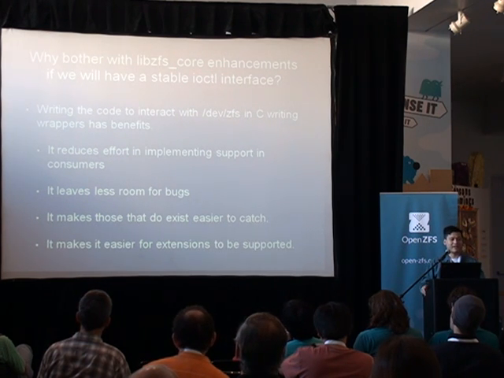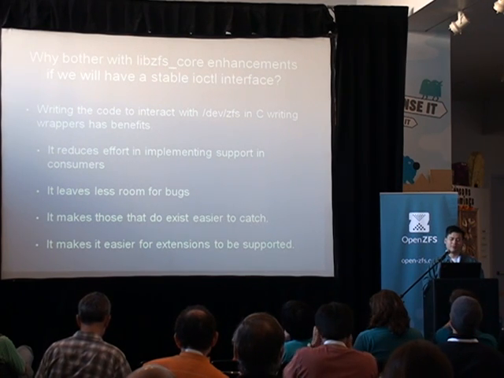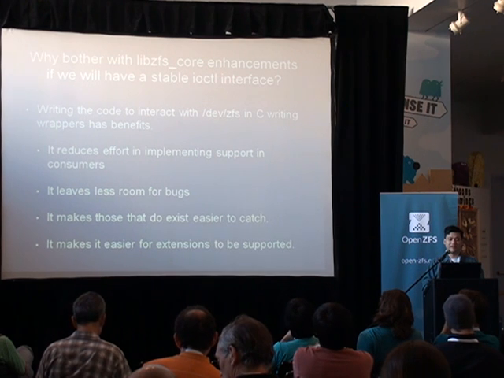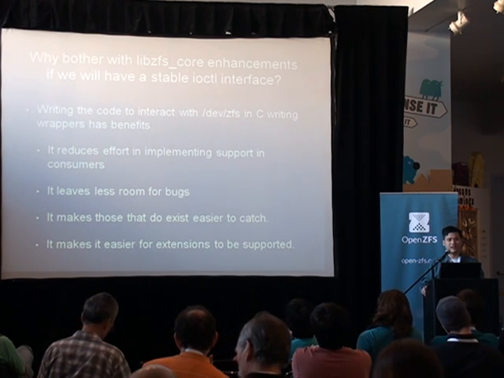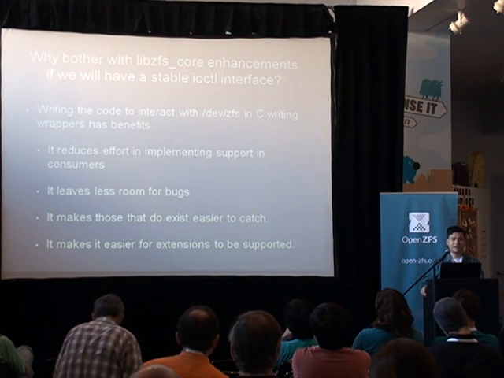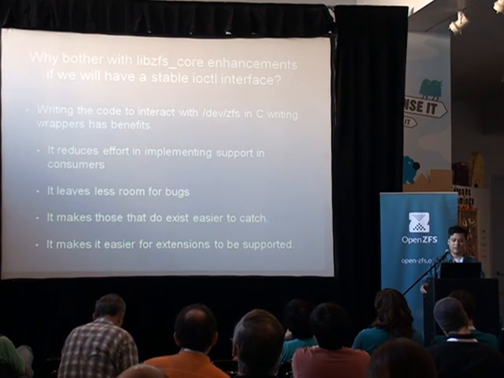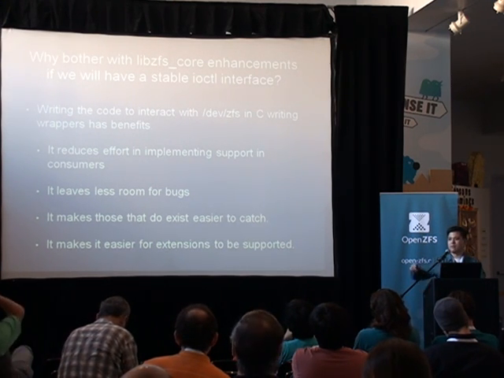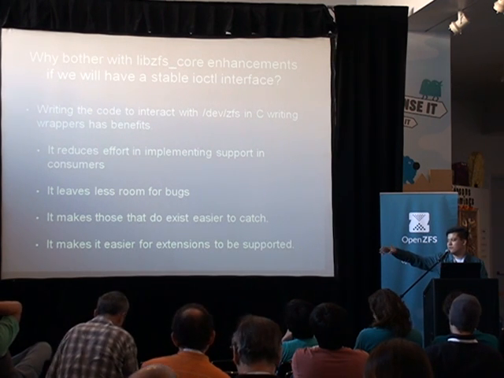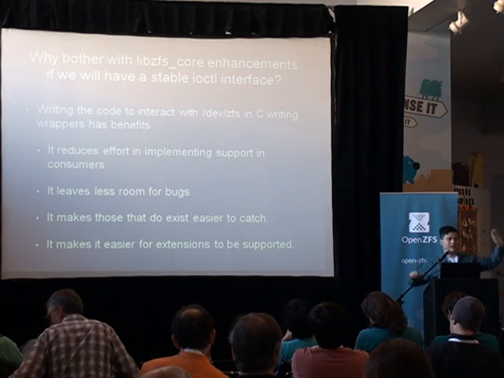I guess the real reason for it is that we want to cut down on duplication of effort. It is that, but for a few reasons. Duplication of effort in implementing the code that interacts with this interface adds bugs, wastes developer time, and makes it harder to catch bugs, because one person implemented all this logic for one system or language, and another person implemented it in another language.